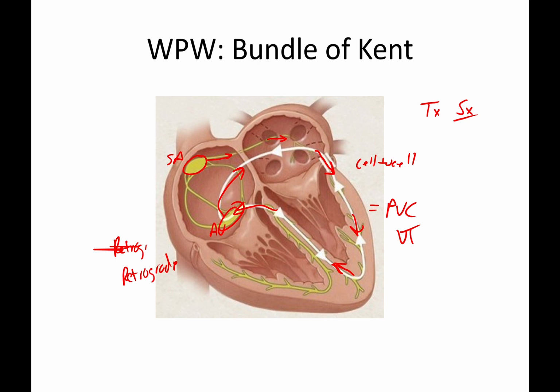The definitive therapy for these is going to wind up being ablation, if it can be done, to destroy those cells, because scar tissue doesn't conduct electricity either. And so by destroying those aberrant pathways, that would then prevent this from happening again.